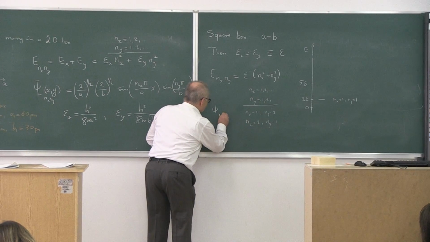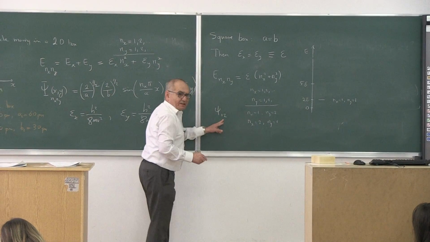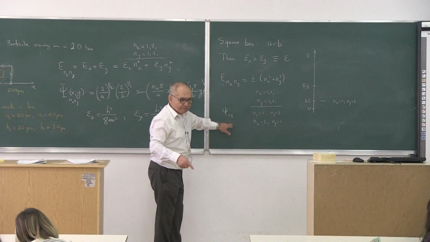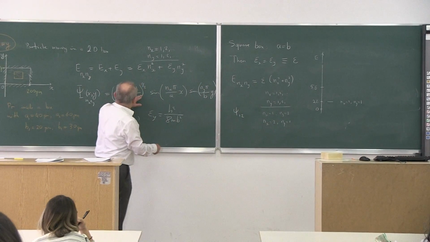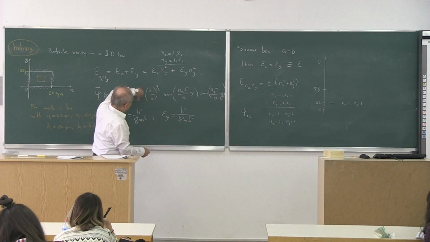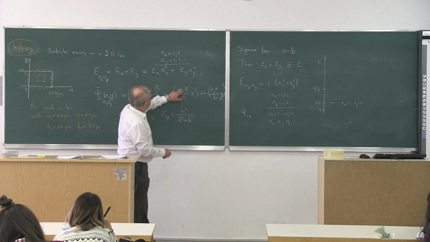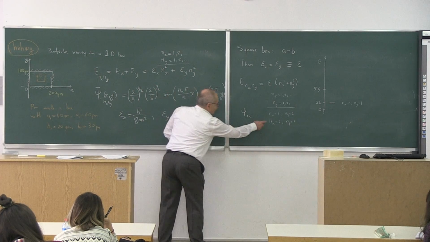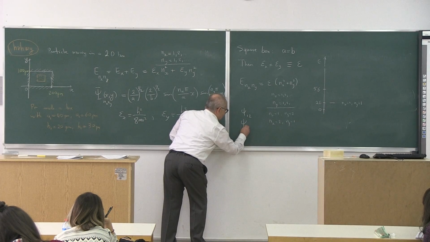Psi 1, 2. The first index is for nx, the second index is for ny. Now, if you look at this expression, remember, A is the same as B, but that's a constant, that doesn't matter. But here, this is 1, this is 2. For the second selection, it is 2, 1.